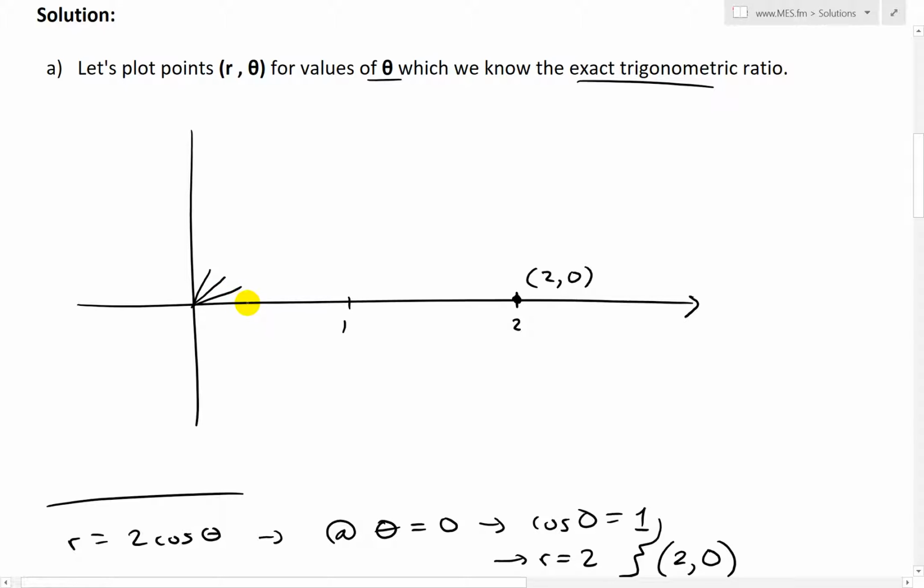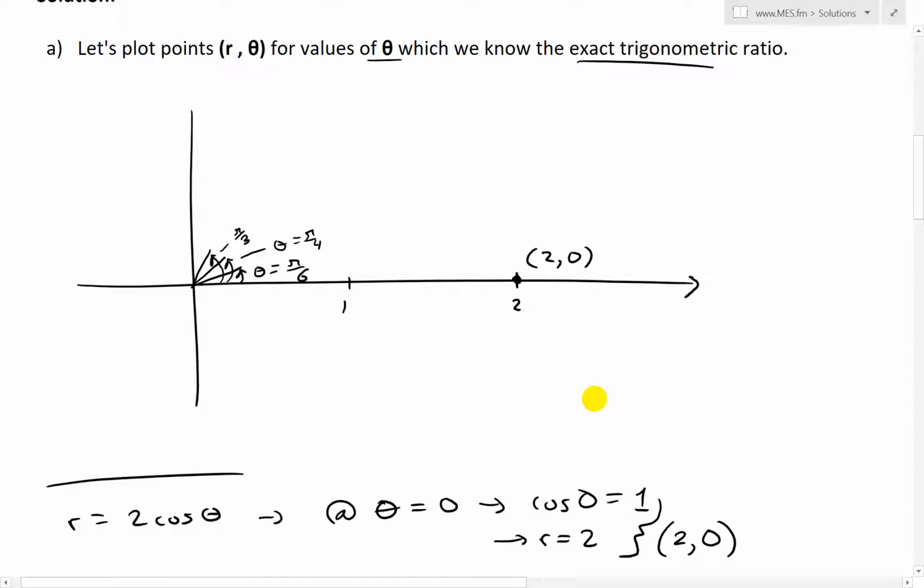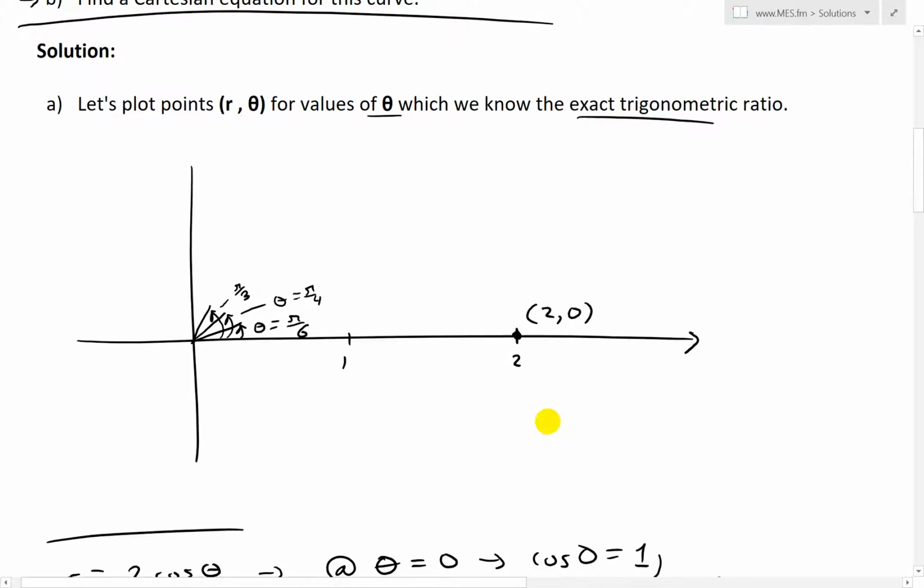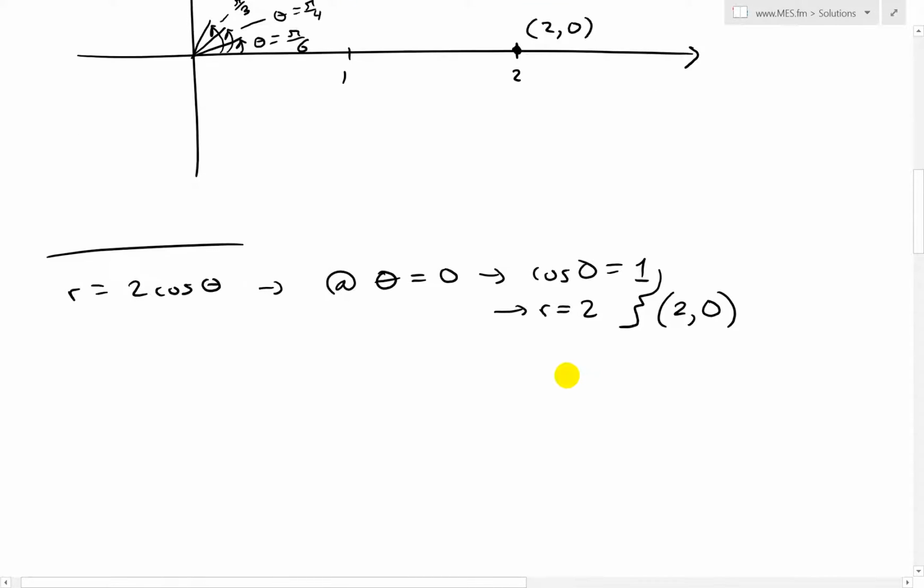This first one I'll write as theta equal to pi over 6, which corresponds to 30 degrees. The one in the middle is theta equal to pi over 4, or 45 degrees. And all the way across, this one is pi over 3, or 60 degrees. I'll explain all this in a bit further.